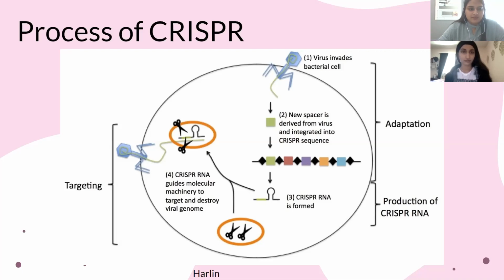And lastly, step three is targeting. CRISPR RNA guides bacterial molecular machinery to destroy the viral material, because CRISPR RNA sequences are copied from the viral DNA sequences acquired during adaptation.